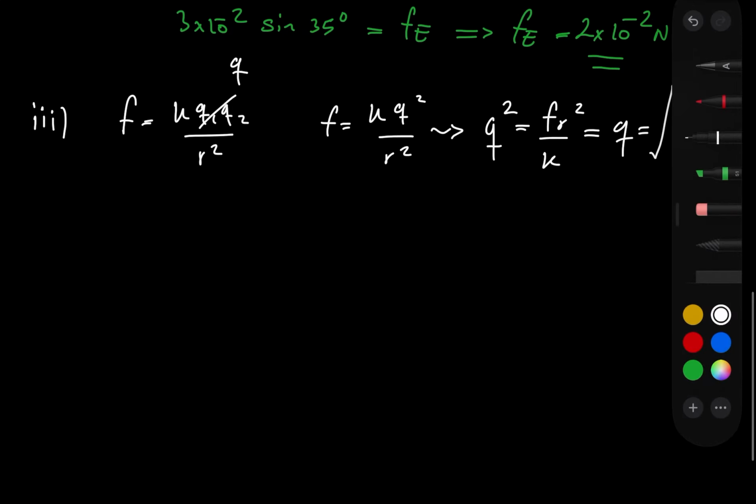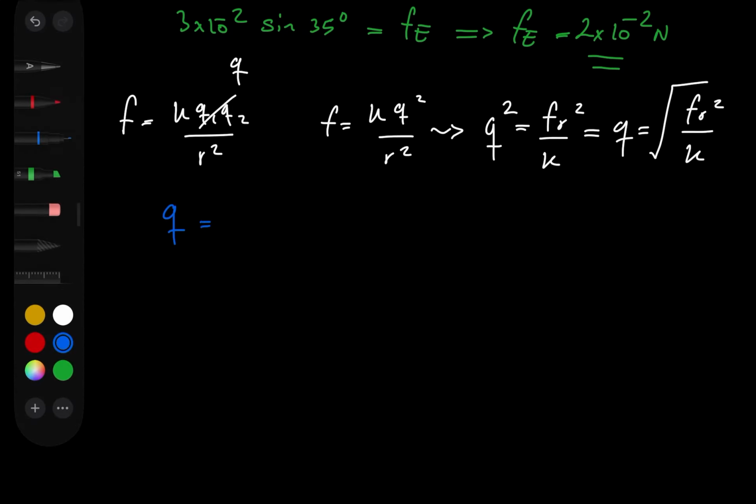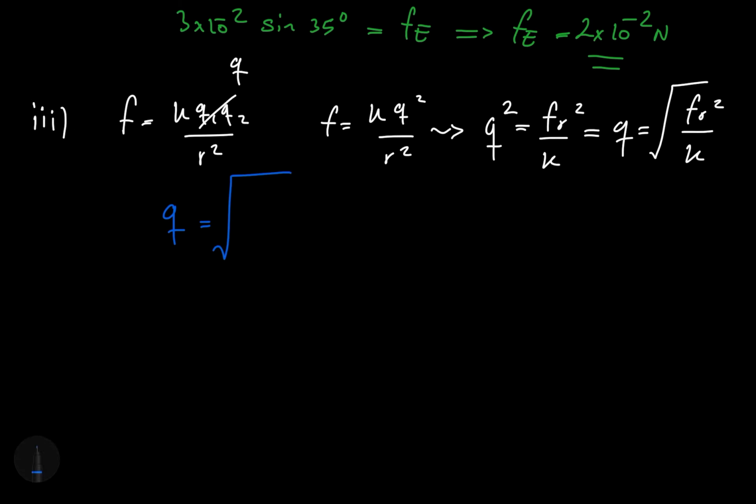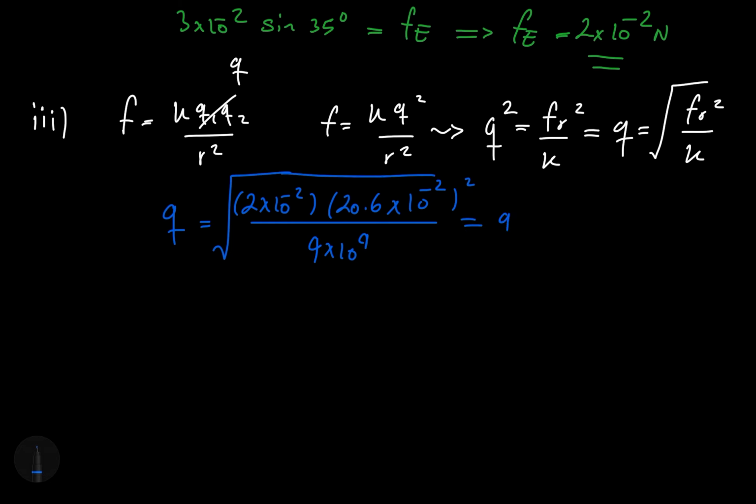So Q is simply going to be the square root of the electrostatic force, that's 2 times 10 to the power of negative 2, which we found in the last part, multiplied by the distance between them, 20.6 centimeters converted to meters, so times 10 to the power of negative 2, raised to the power of 2, divided by the constant of Coulomb's law, which is 9 times 10 to the power of 9. The square root is over the whole part, by the way. So Q is going to be the result of that.